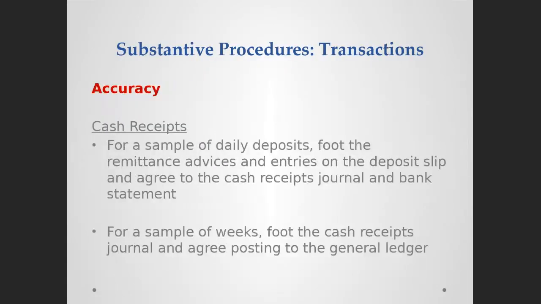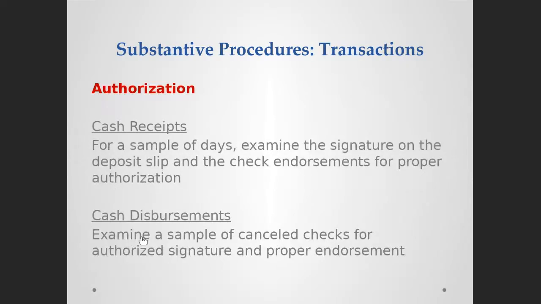For cash disbursements, you want to examine a sample of canceled checks for authorized signature and proper endorsement, right? So if money was paid, right, and businesses, when they pay other businesses, most of the payment is either through checks or through automatic transfer.